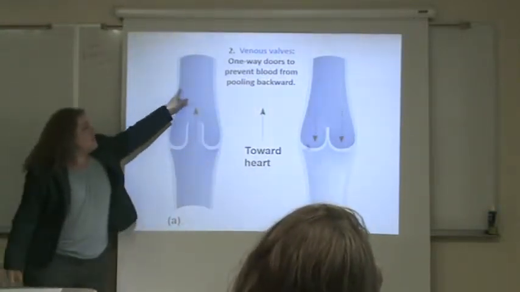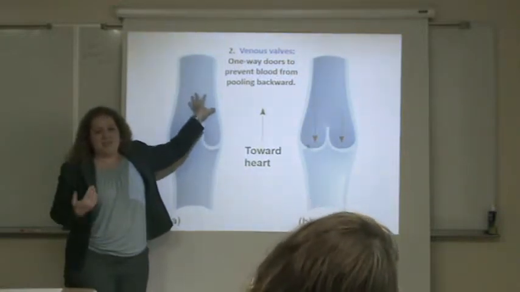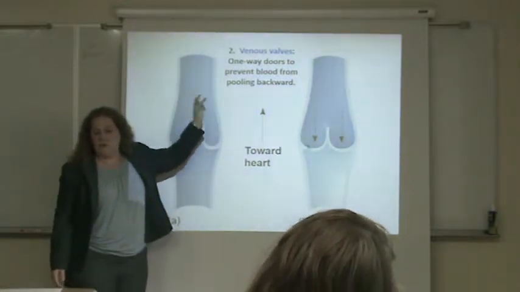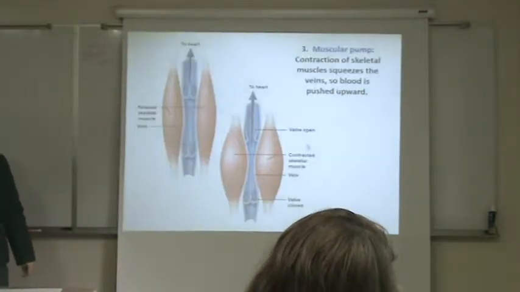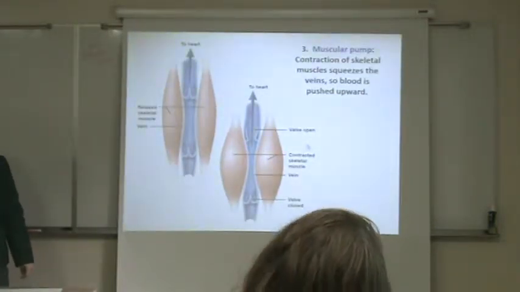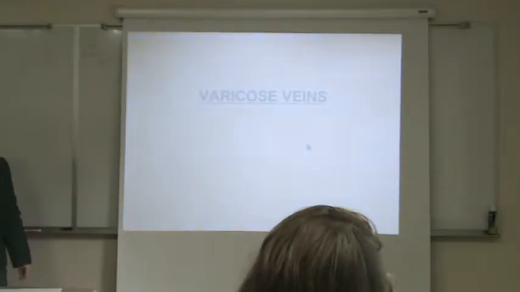And the veins themselves have big diameters or big lumens so that that's not a barrier. Those are the 4 ways. That's a list you should memorize. What are the 4 ways that veins help move blood back to the heart?